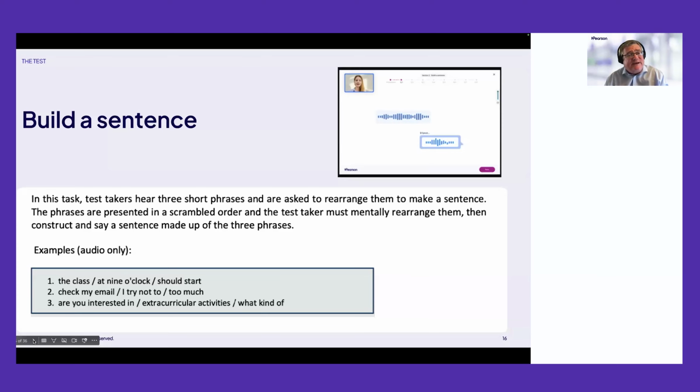Again, a lot of information is collected there on the test taker's ability to process that information in real time, and also to produce that sentence to the best of their ability. So we can get an idea of their listening competence and their speaking competence through this particular question.